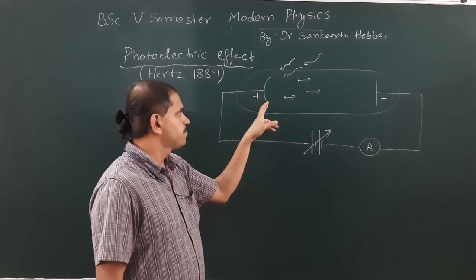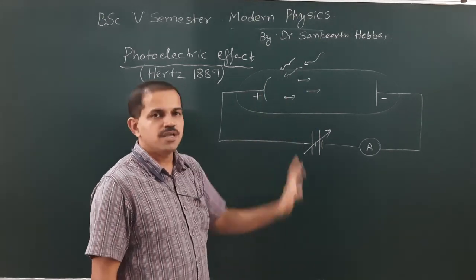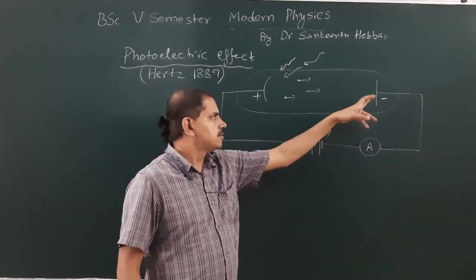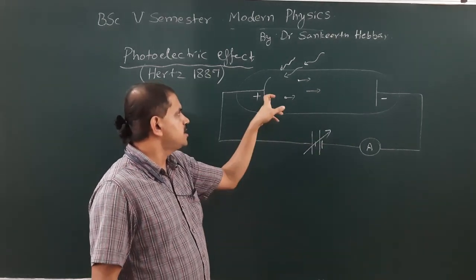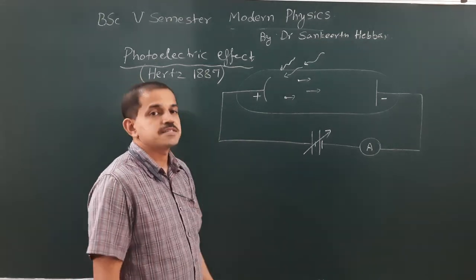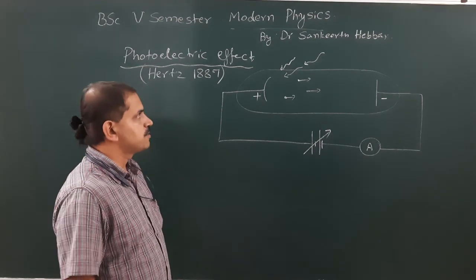He took a positive terminal and a negative terminal separated by vacuum, and he gave a potential difference, and then he irradiated the anode with X-rays, high energy electromagnetic waves.